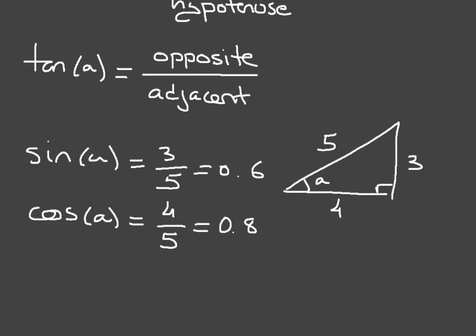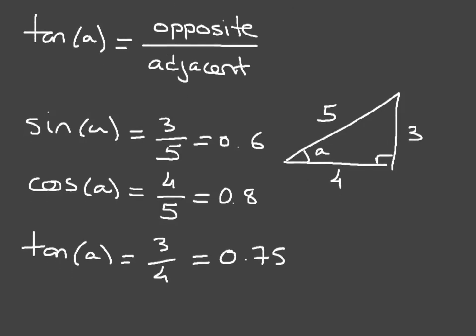Last but not least, we saw that we would have the tangent, tan of A, which, remember, is equal to the opposite of A divided by the adjacent of A. So in this case, 3 divided by 4. So we write that: tan of A is equal to 3 over 4, which would be equal to 0.75.